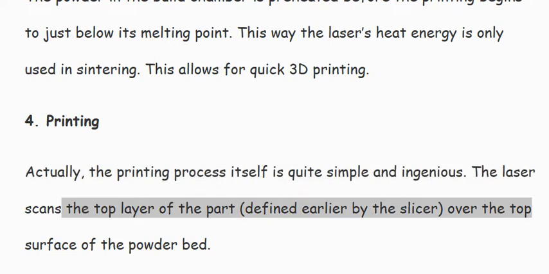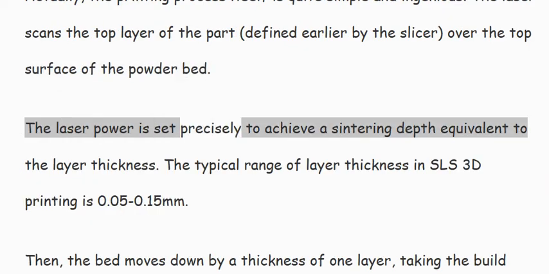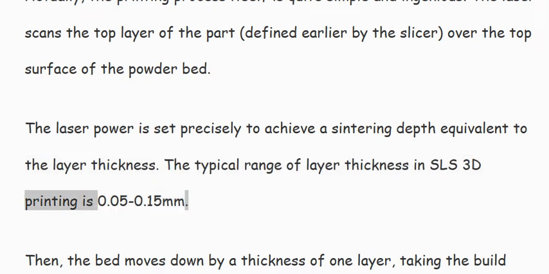The laser scans the top layer of the part, defined earlier by the slicer, over the top surface of the powder bed. The laser power is set precisely to achieve a sintering depth equivalent to the layer thickness. The typical range of layer thickness in SLS 3D printing is 0.05 to 0.15 millimeters.